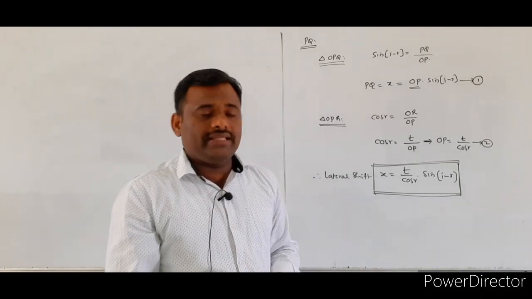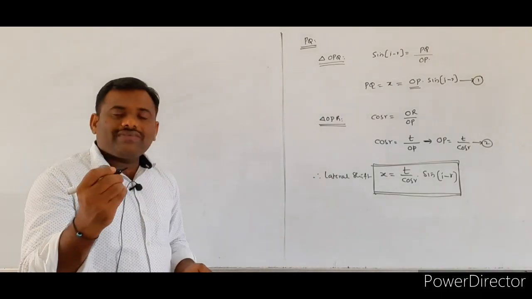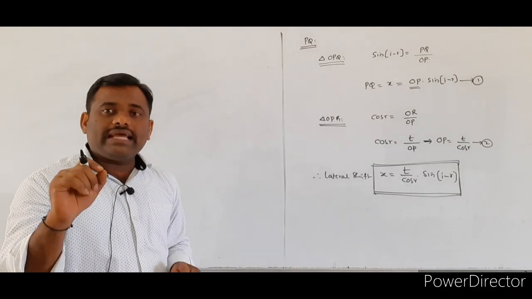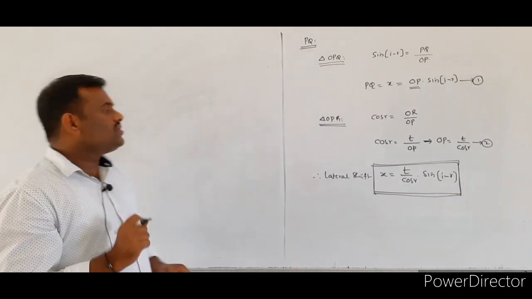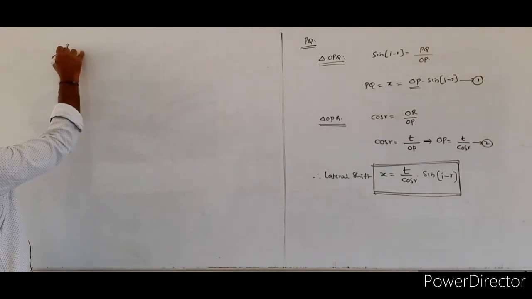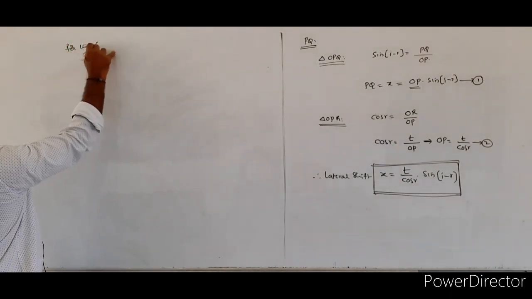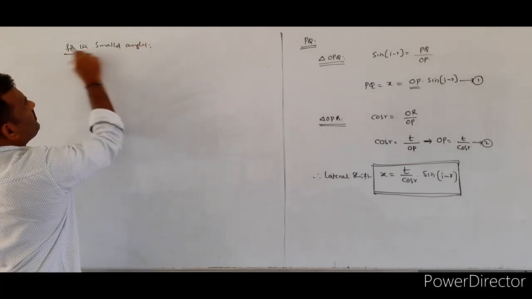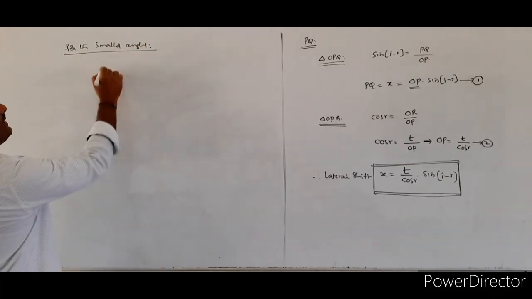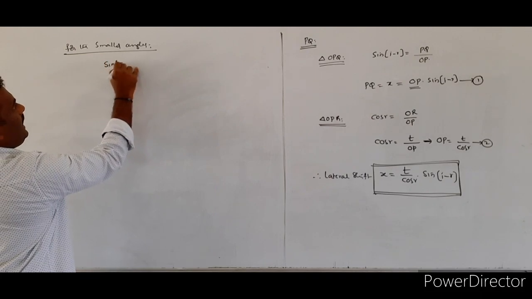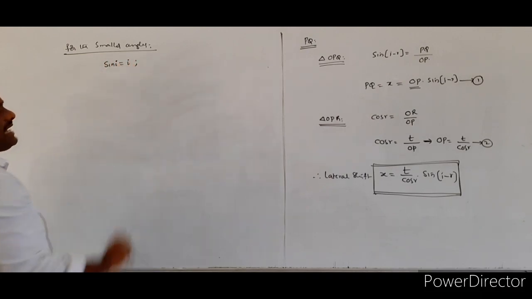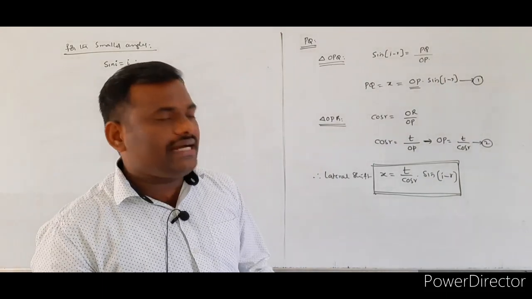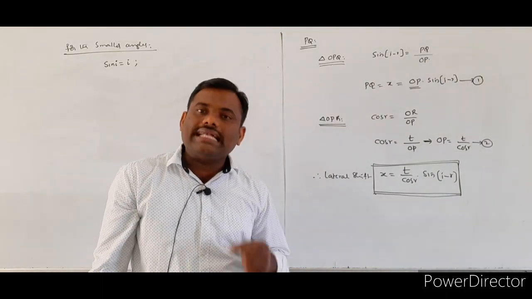Now I am assuming that whatever angles we consider in the given diagram are small angles. For smaller angles, sin i value will be taken as i. For a small angle, sin theta is equal to theta, and also tan theta.